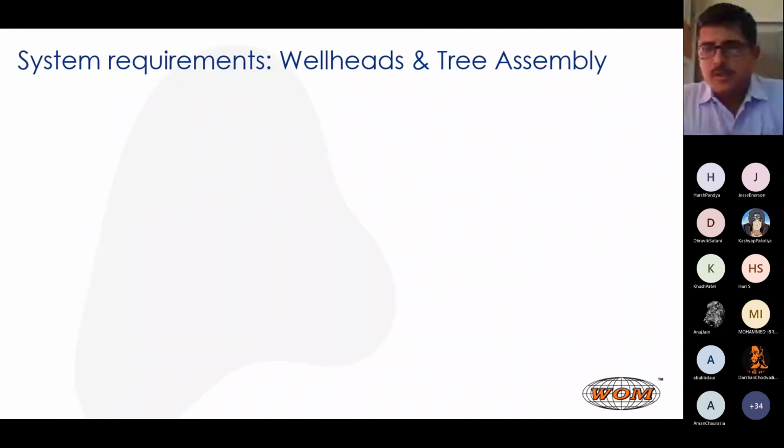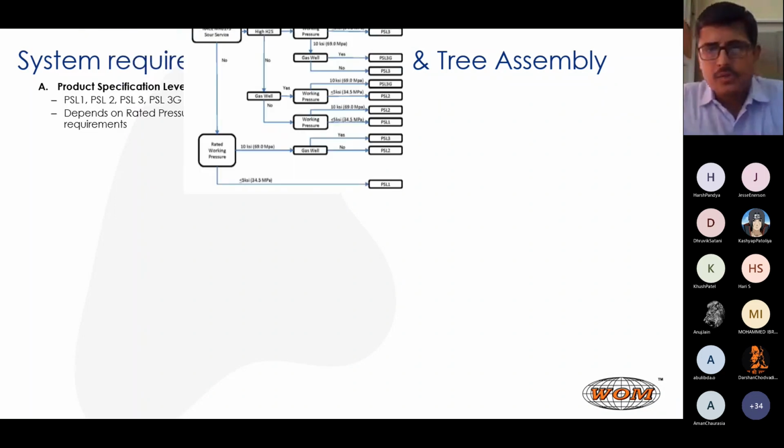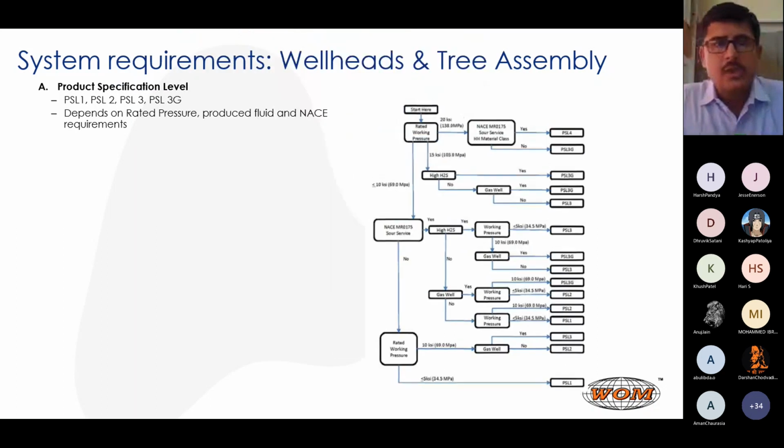System requirements. Now we will go into the design part, how we design it and what parameters we consider during the wellhead and tree assembly. There are four major parameters. First, to start with, is the PSL level, or product specification level. There are different levels: 1, 2, 3, 3G, 4.